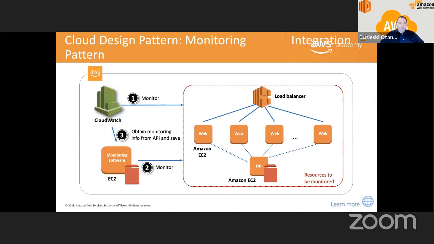Cloud design pattern, monitoring pattern. So we have here CloudWatch that monitors this thing here. It has an elastic load balancer, and the elastic load balancer is in front of 4 web servers. And then the web servers are accessing the database.